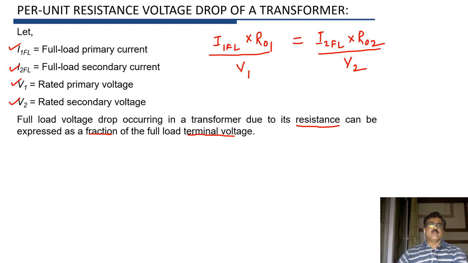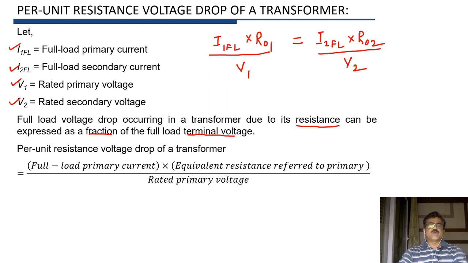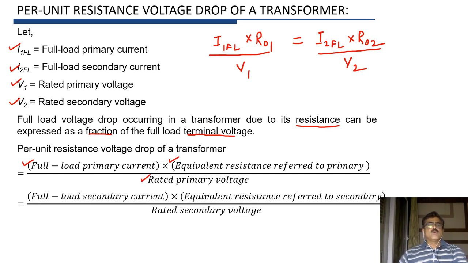So, this is nothing but the full load voltage drop due to its resistance as a percentage of its rated voltage, and therefore this per unit resistance voltage drop can be written as full load current on primary side multiplied by equivalent resistance referred to primary divided by rated primary voltage, or full load secondary current into equivalent resistance referred to secondary divided by rated secondary voltage.